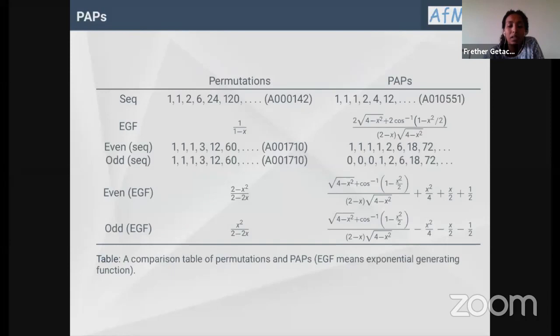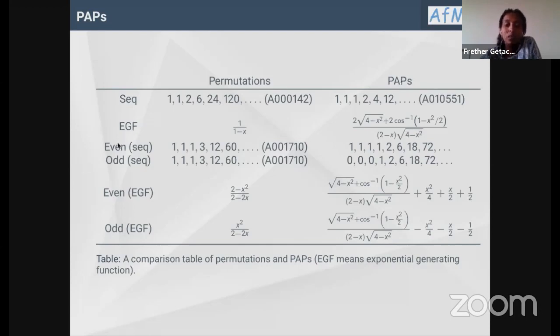So in summarizing the comparison of permutations and PUFs, here we have sequences which express the number of permutations and the number of PUFs, and the EGF, the exponential generating function for the permutations, is this one, while this is the exponential generating function for the numbers that count PUFs.